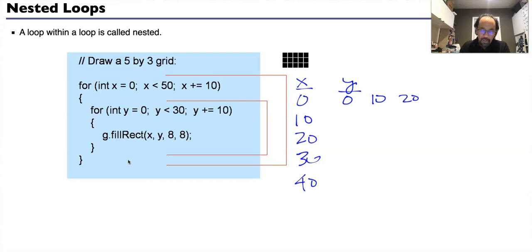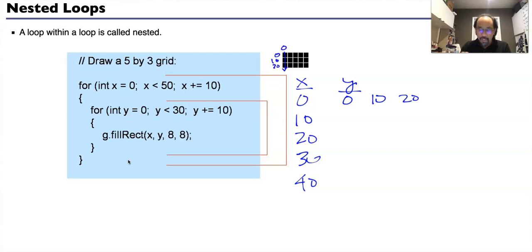In this picture up here, at x equal to 0, you can see these different values of y, where we're drawing successively this square first, then this square, then this square.